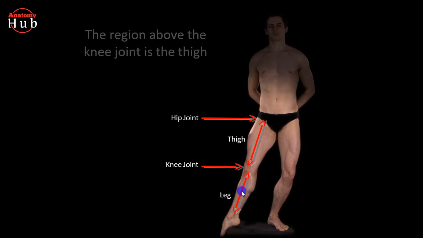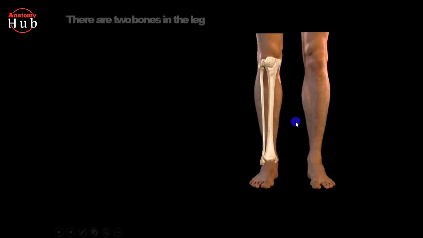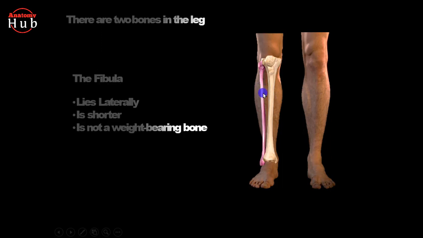As we have already discussed the leg region and the thigh region, here you can see the presence of the tibia and the fibula in your leg. This is the position of the tibia medially, and here you will find the fibula laterally.